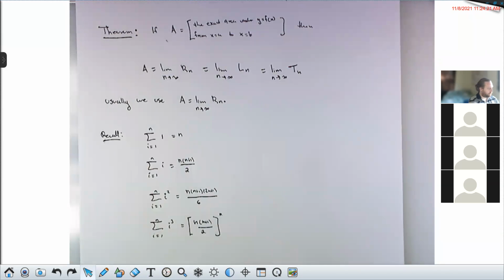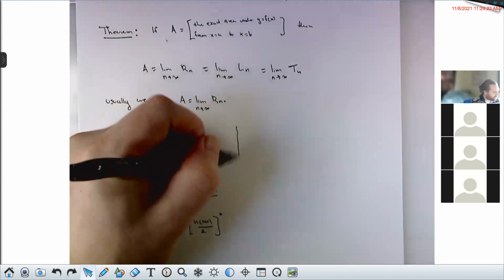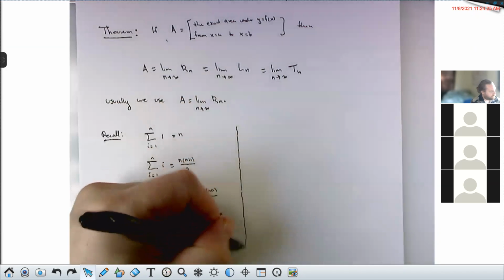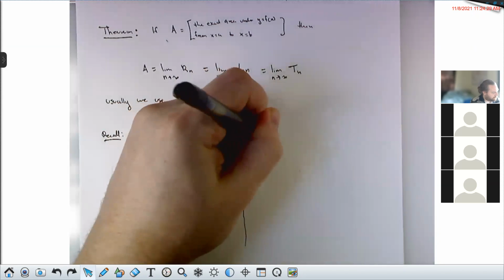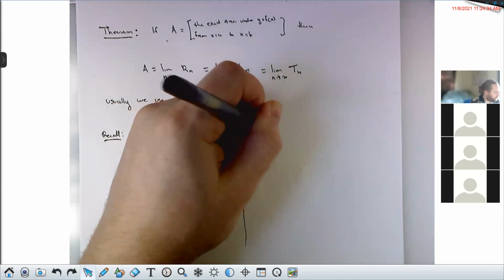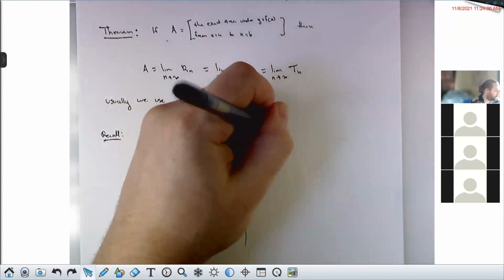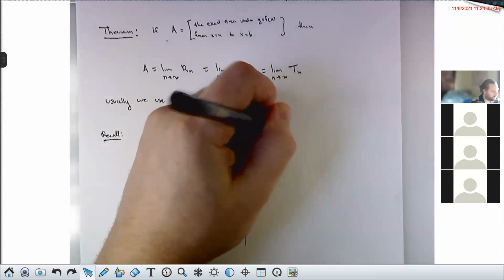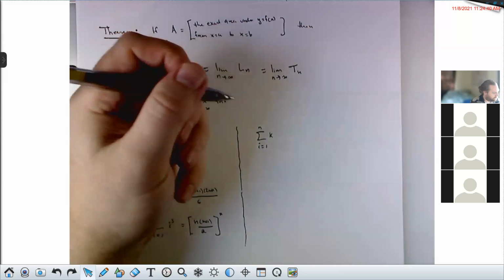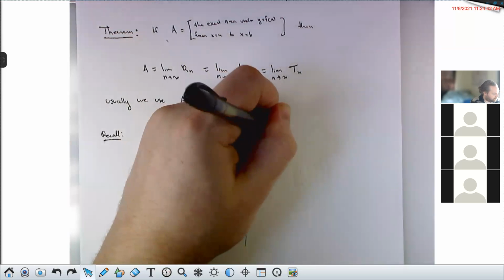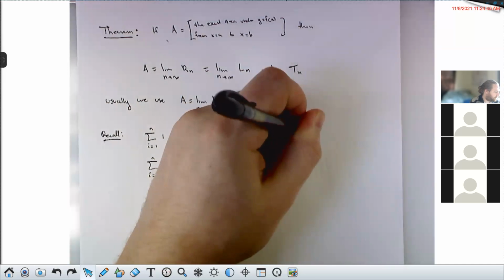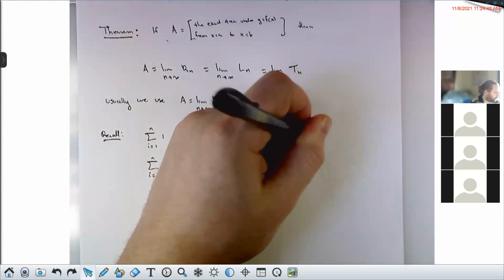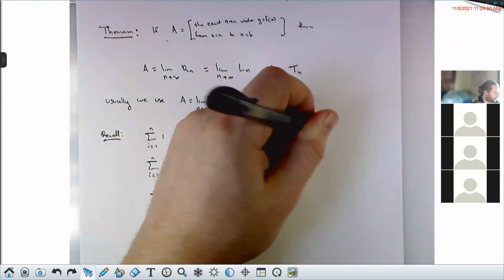And then the other thing that I want to talk about while we're revisiting the summation operator is that if you have a sum from i equals 1 to n of some constant k times, I'm just going to write it a_i, this would be k times the sum from i equals 1 to n of a_i.